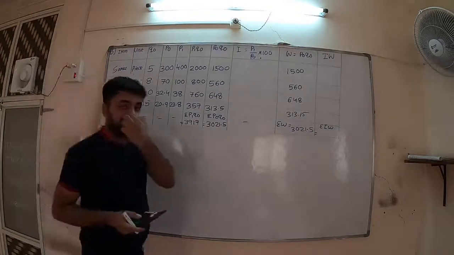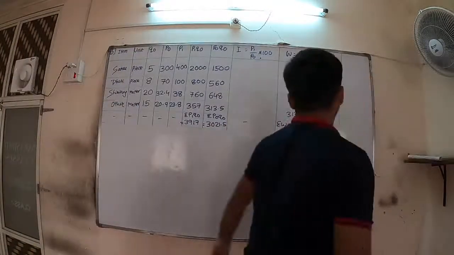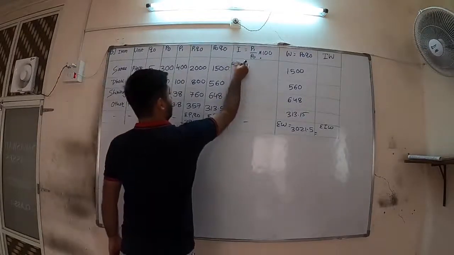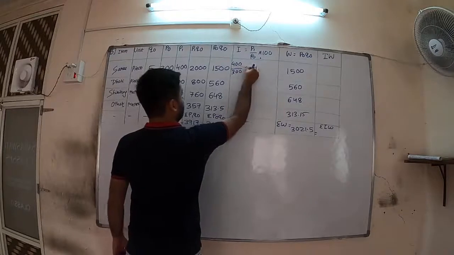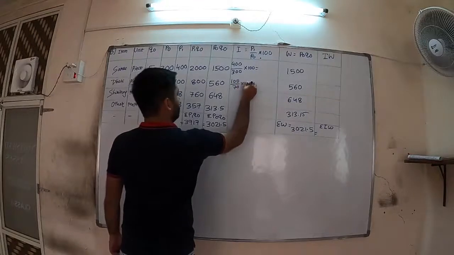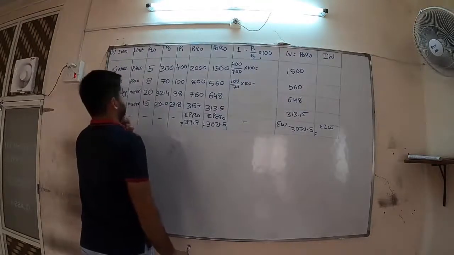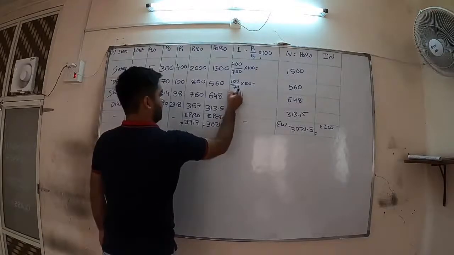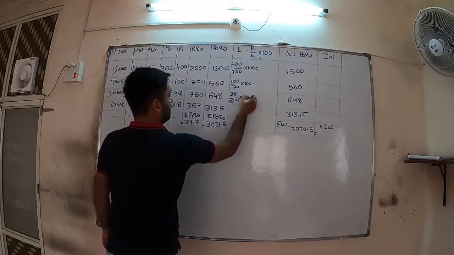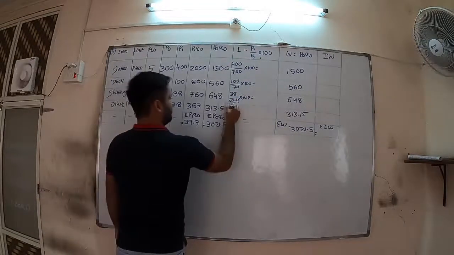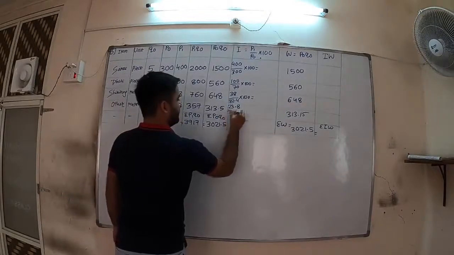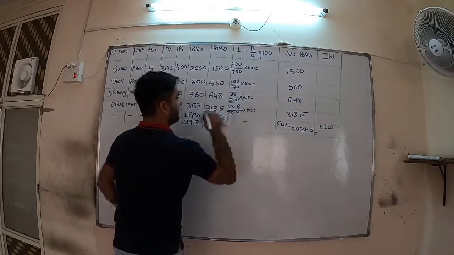Okay, now about the I. First we need the ratios, so P1 upon P0: 400 upon 300 multiply 100, 100 upon 70 multiply 100, 38 divided by 32.4 multiply 100, 23.8 divided by 20.9 multiply 100.